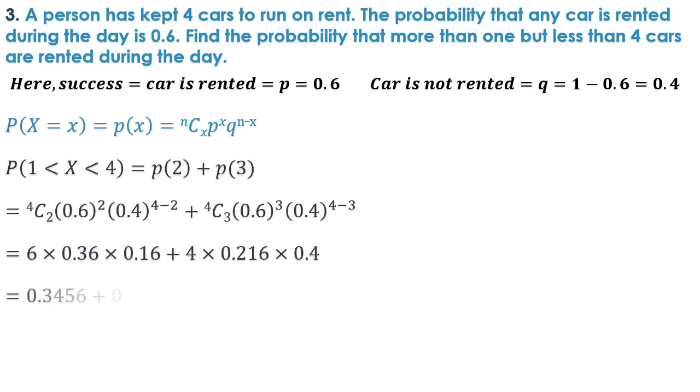Now just multiply them first, 0.3456 plus 0.3456, and when you add them up, you get your final answer 0.6912. So the probability that more than 1 but less than 4 cars are rented during the day is 0.6912. Simple as that.